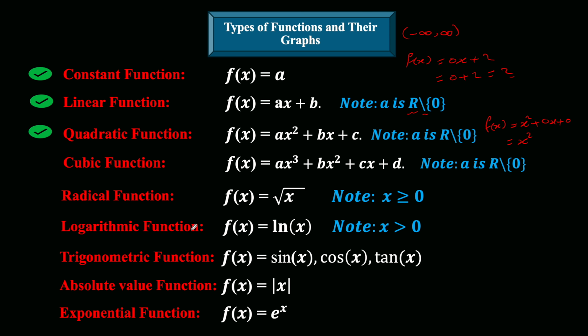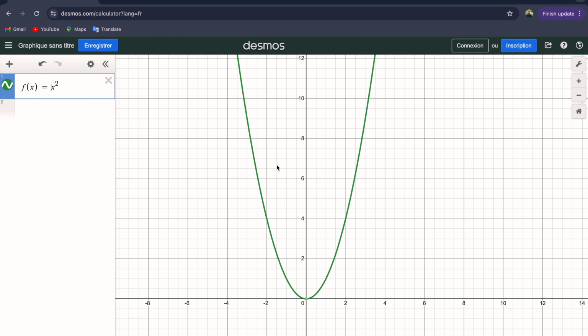The fourth type is a cubic function, which is given by f of x is equal to ax to the power 3 plus bx squared plus cx plus d. Again, a is in R, or real numbers, except 0, for the same reason. So we go to Desmos.